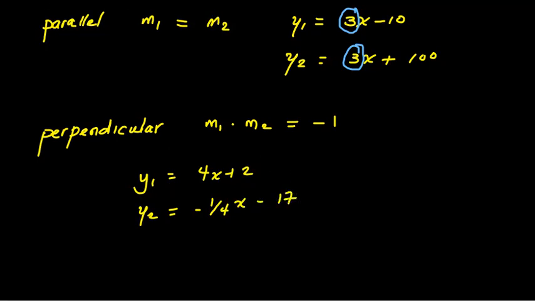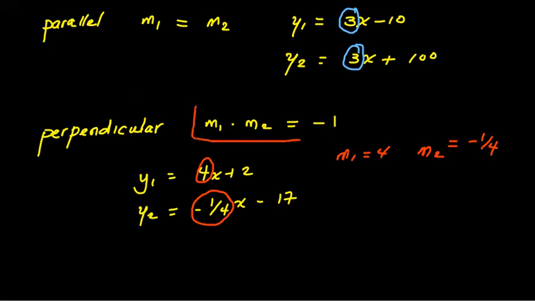What I'm going to do here again is take a look at their m's. m1 is 4. m2 is minus 1/4. According to this, if I multiply these two together and I get minus 1, then these lines are perpendicular to each other.